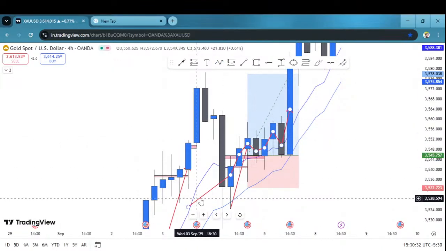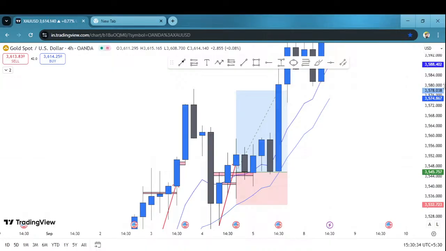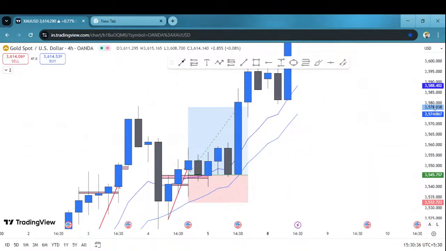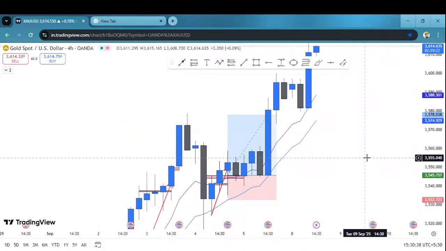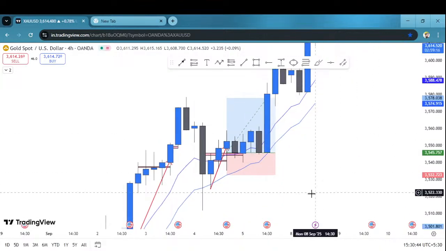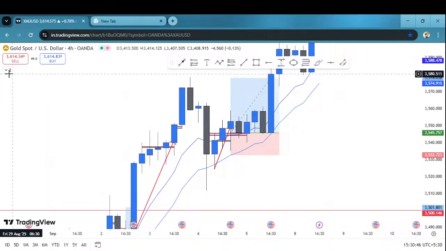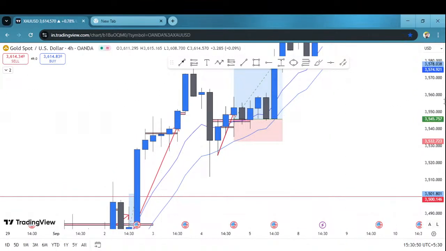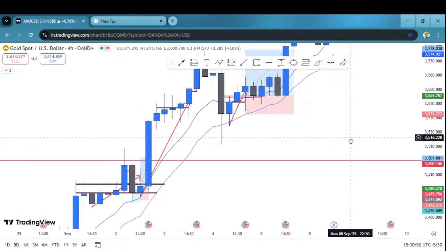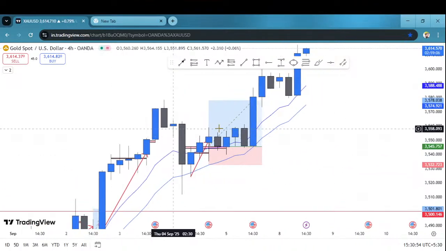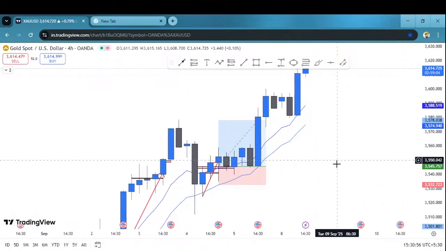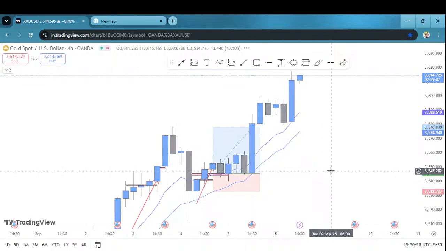This is what happens in the market, and it's just to decide your side, just to decide your bias. I also use the EMAs 9 and 15 just for resistance or support purposes, just for extra confirmation of your bias.